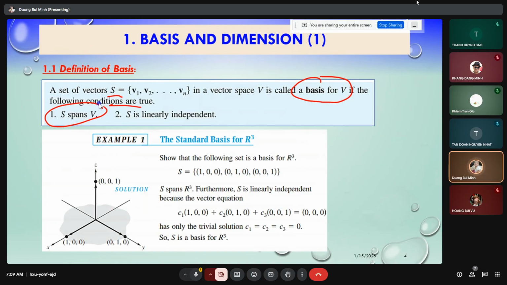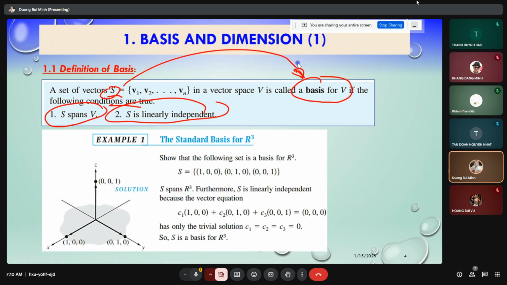S is a spanning set if any vector in the vector space V is a linear combination of the vectors in S. And S is linearly independent. Do you know how to demonstrate S is linearly independent? The linear combination of all vectors in S equal to the 0 vector, and if we have only the trivial solution, S is linearly independent. So if we combine the 2 conditions, we can say S is a basis of vector space V.